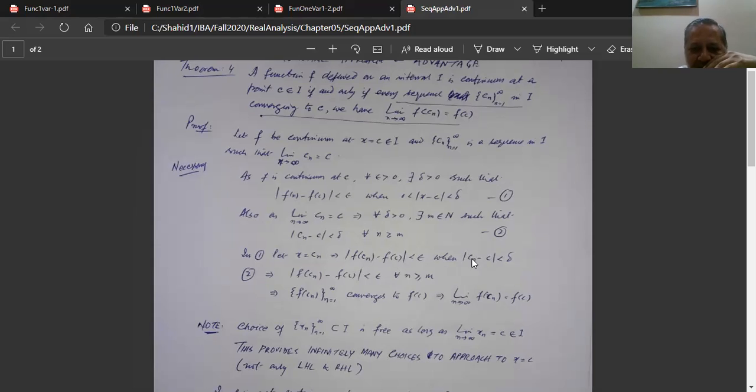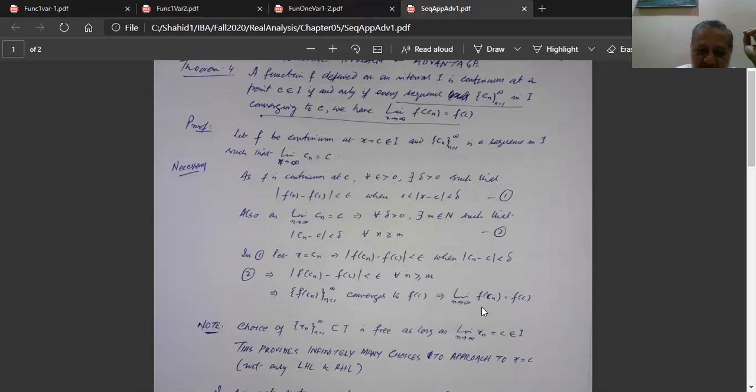So cancel the middle part, |cn minus c| less than delta, and directly under this condition, |f(cn) minus f(c)| is less than epsilon for every n greater than N, and that means the image sequence converges to f(c), or the limit of the function is f(c), as this is equivalent to the limit of f(x) as x approaches c.